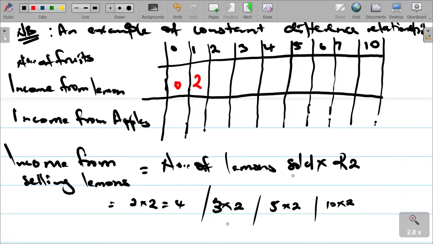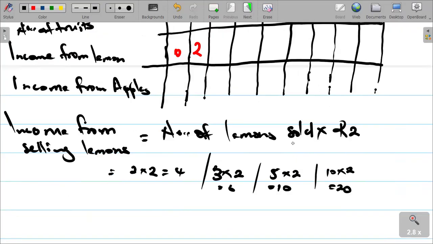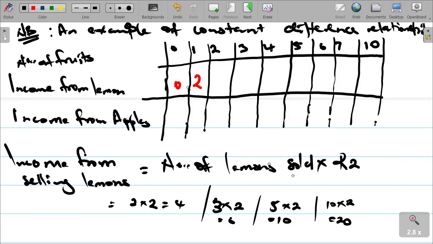And then we get the numbers here: we get 6, we get 10, we get 20. So we are just completing this. I think the multiplication is not the question, but the question is for you to understand how we get these numbers. Multiplied by 2, we get 4.